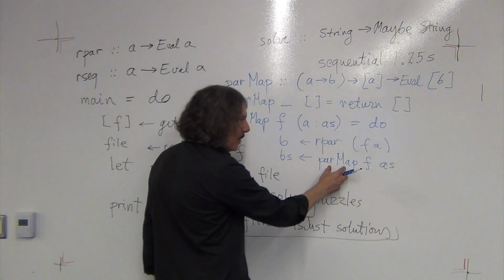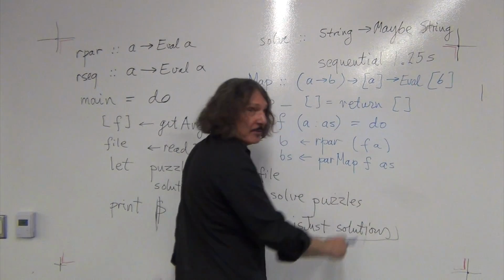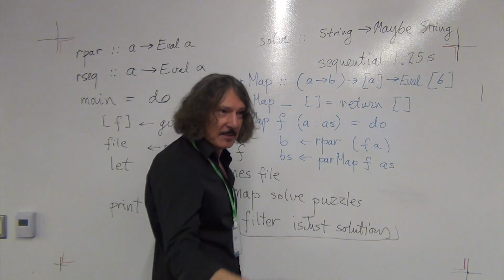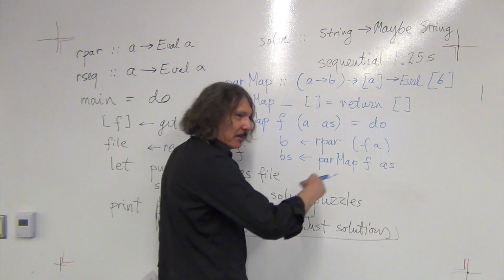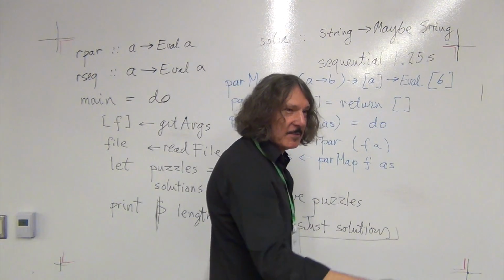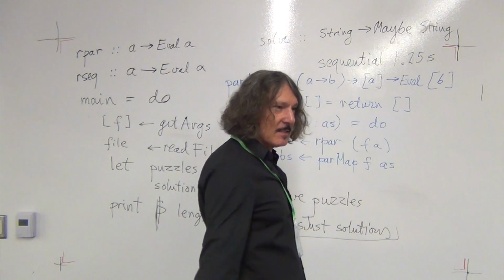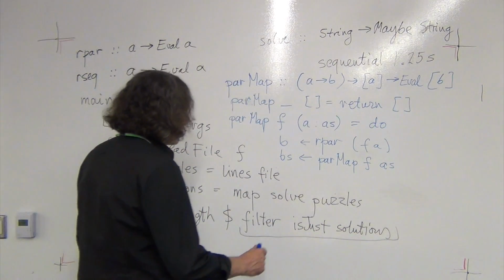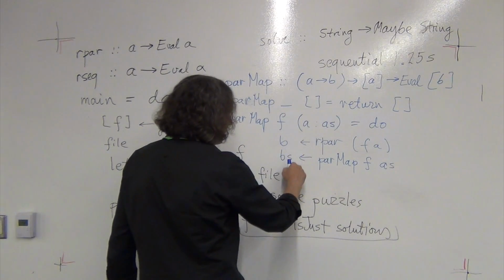And of course, what parmap will do here, it will spark the head of the tail and then apply itself to the tail of the tail. Right? So it will go recursively spark every element eventually. So all the elements of this list will be sparked. And finally, we have to reconstruct this list from b's, right?